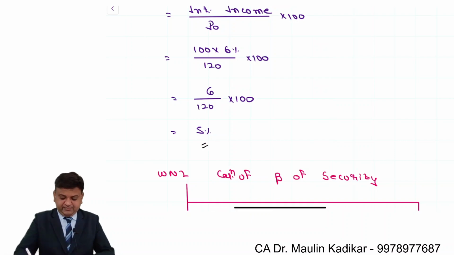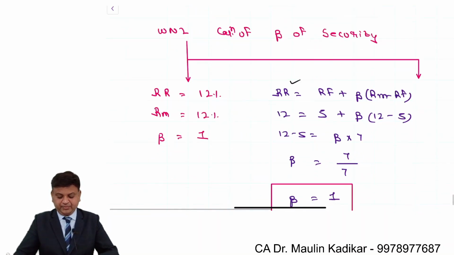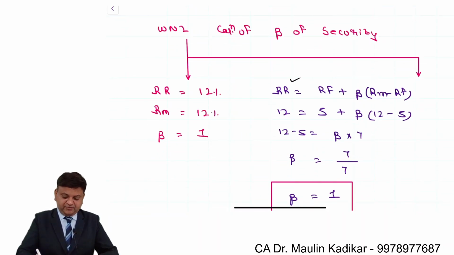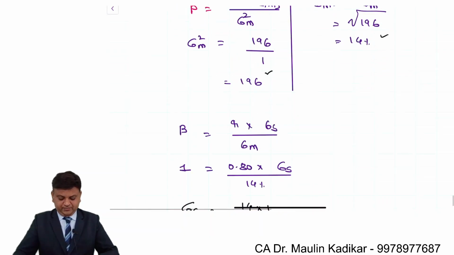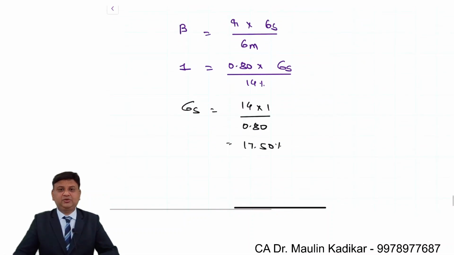I believe that this is an important working, because if you take 6% as RF, your answer would be wrong. Second is calculation of the beta of the security. Once you compute the beta, you can compute the variance and standard deviation of the market portfolio. Afterwards, using beta once again, the standard deviation of the security can be calculated.